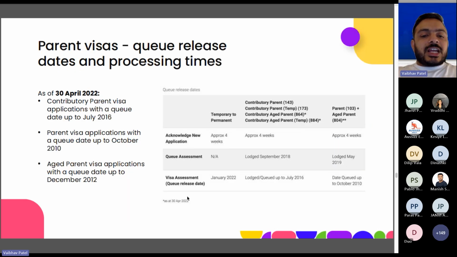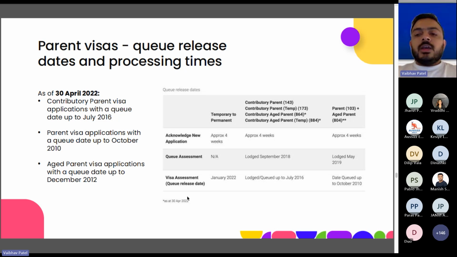Now, these are the processing times. So generally, subclass 143, 173, 864, and 884, which are the contributory parent visas, once you lodge the application, it's a paper application. So approximately it takes 4 weeks for you to get an acknowledgement. For subclass 143, 173, 864, and 884, the applications which are being processed right now are applications lodged in 2018 sometime.